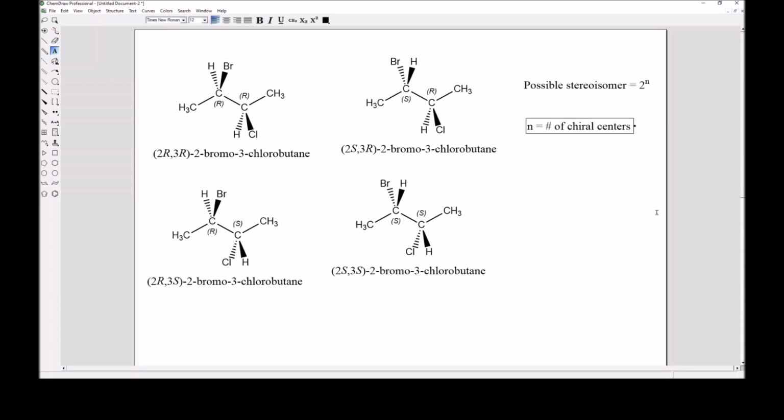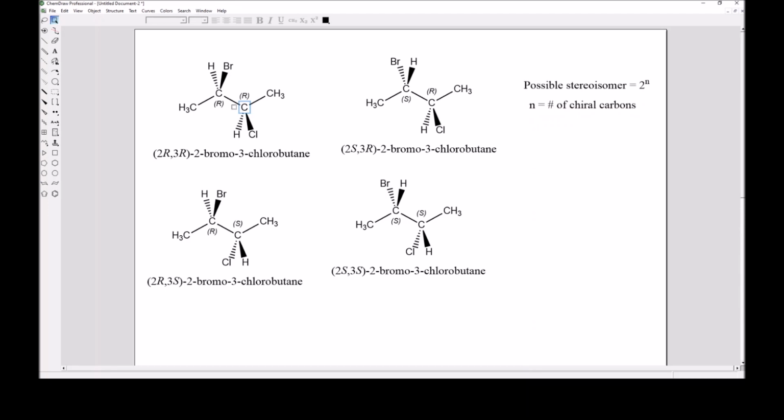Now, chiral centers is a more technically correct way of describing it because other atoms besides carbon can be chiral. But so far, the only thing that we're going to look at, and the only thing we will look at for the near future, are chiral carbons. So I'm going to go ahead and just refer to n as the number of chiral carbons, and then we'll update this later on when we start learning about other atoms that can also be chiral.